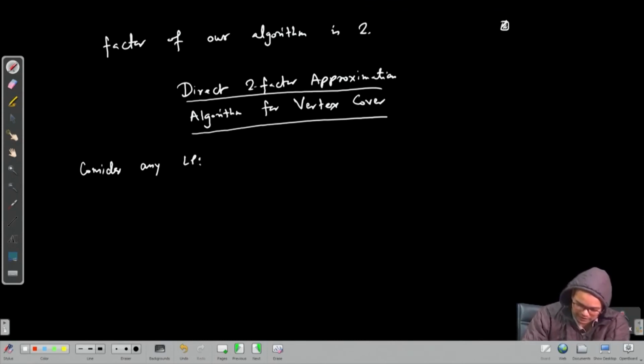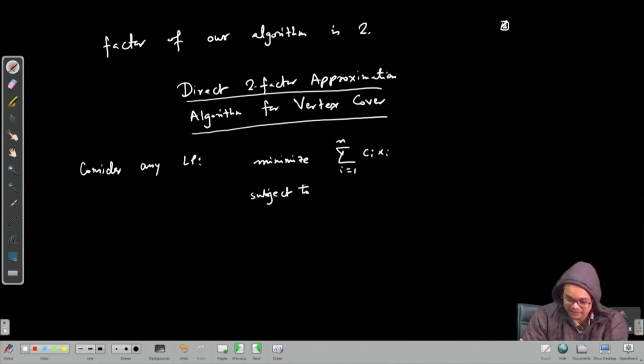How does it look? Minimize, in the standard form, the summation of c_i x_i, i equal to 1 to n, subject to some linear constraints.